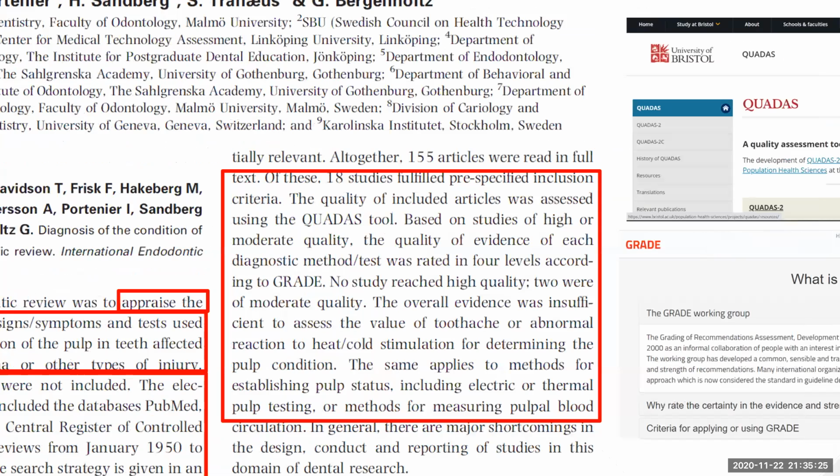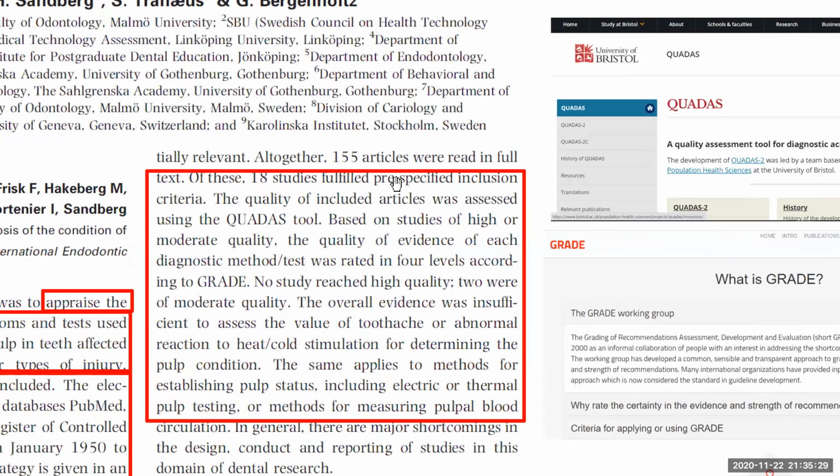As you can see, they identified 18 studies that fulfilled pre-specified inclusion criteria. By the way, in systematic reviews there may also be a selection bias for the studies. So there is also a checklist to critically appraise systematic reviews.